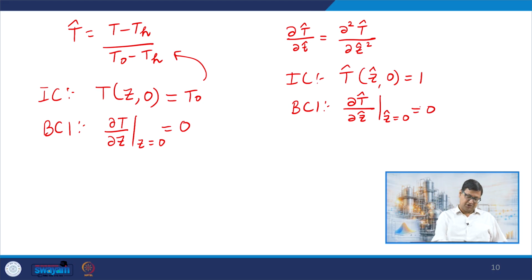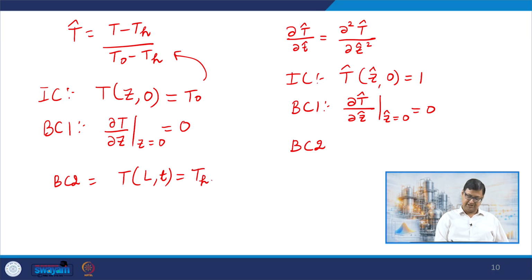And my second boundary condition is going to be T at z equal to L is equal to TH.